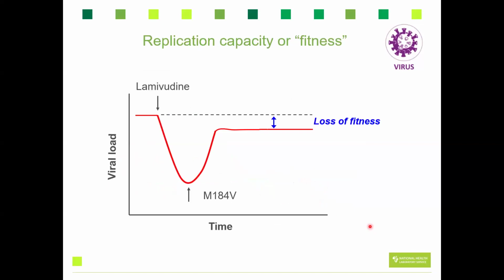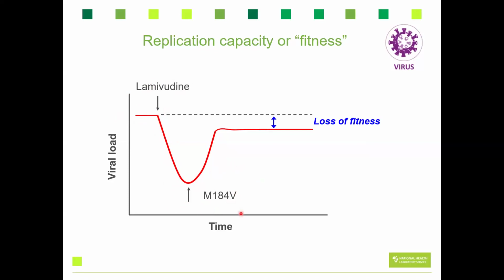Then talking about fitness. This graph represents a lab experiment where they cultured virus and they added lamivudine or 3TC to the viruses to see how the viruses would react. Again, in the very beginning, you had a high viral load, so you had a lot of virus replicating. Then when you add lamivudine, the viral load would go down and very quickly M184V would come up.